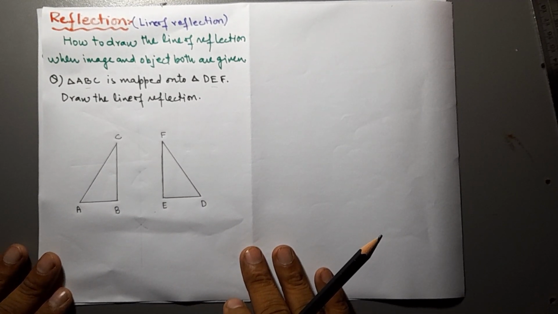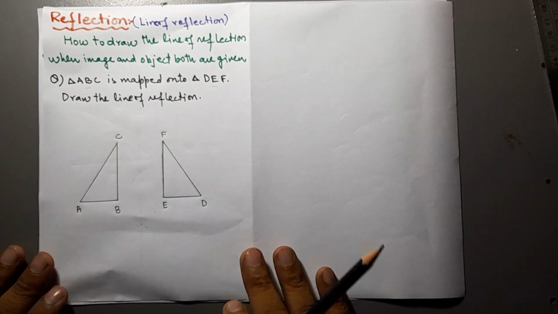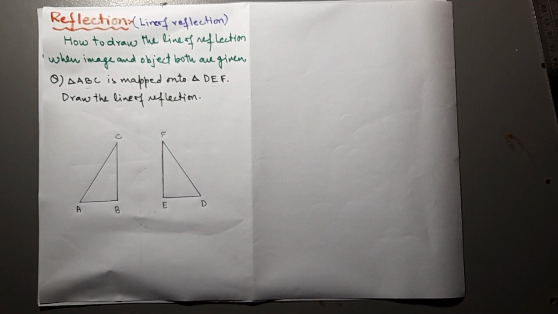To find out the line of reflection or the invariant line, we will draw one perpendicular bisector between the respective image and object point.